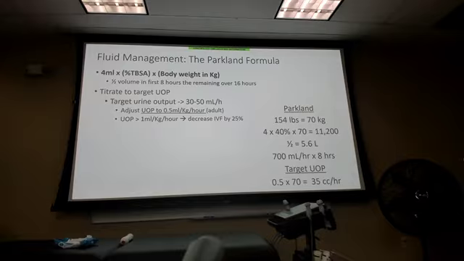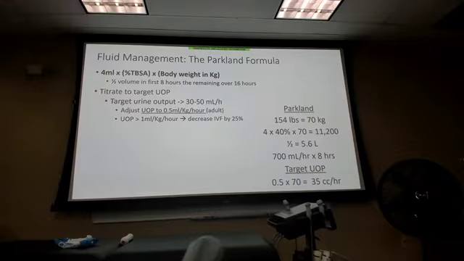We're targeting urine output between 30 and 50 milliliters per hour, at least 0.5 to 1 milliliter per kg per hour for an adult. If the urine output goes above 1 ml per kg per hour, then we can decrease the IV fluids by 25%. So we can use that urine output to indicate whether we need to increase or decrease the fluid per hour.